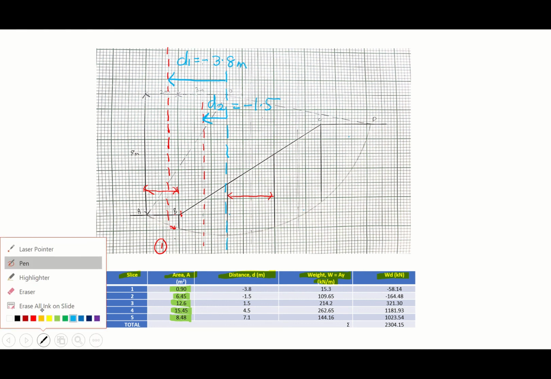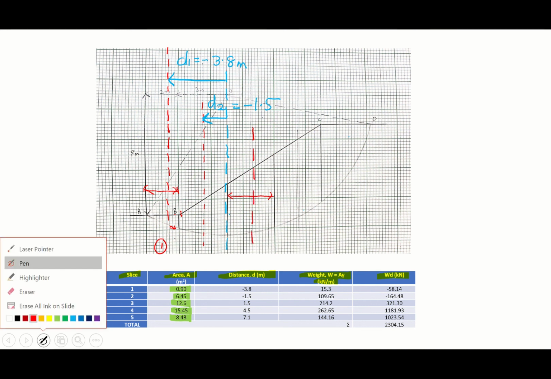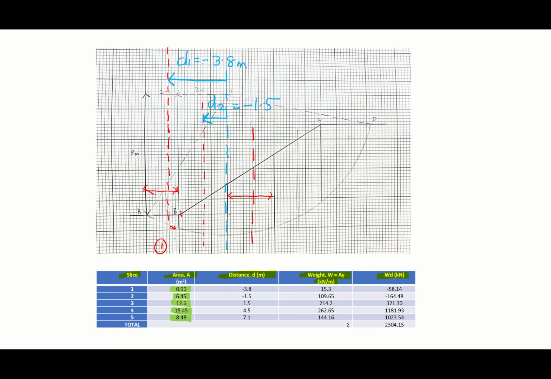Next is the center line for your trapezium here. And then from the center line to slice number 3, it is to the right, so D3 is a positive value. That one is 1.5.